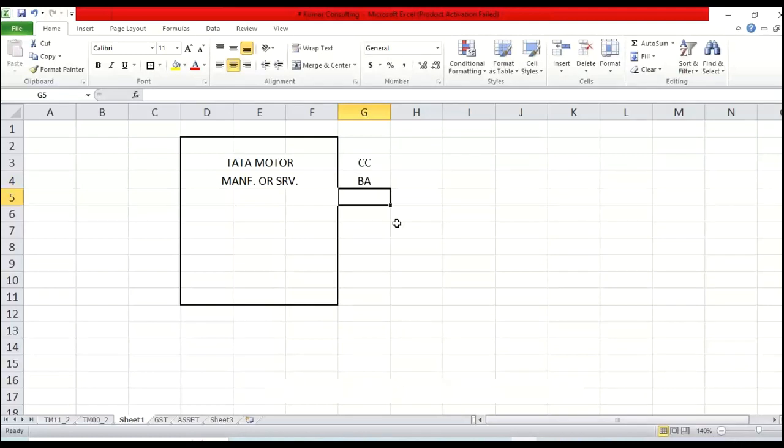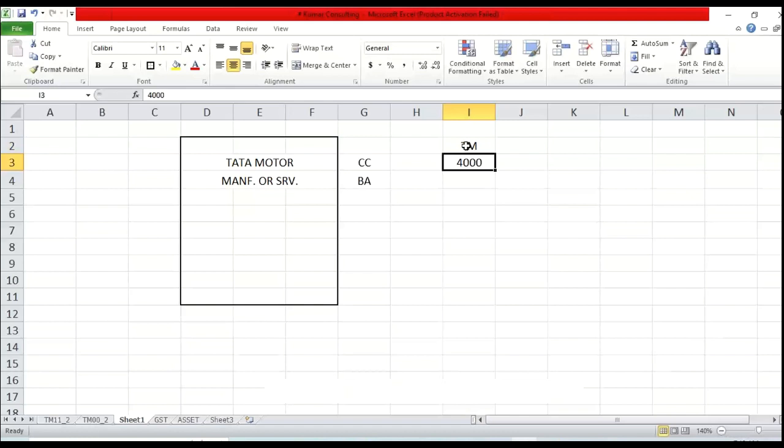So what will happen when we are going to post a transaction into SAP, when we record a particular transaction? Let's suppose we have recorded a transaction worth 4,000. For which company code? Tata Motor.